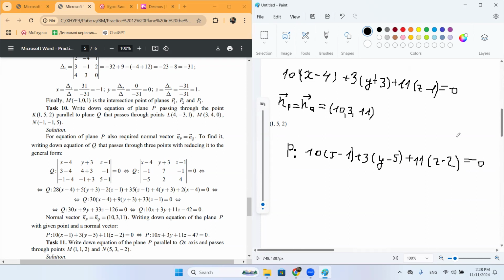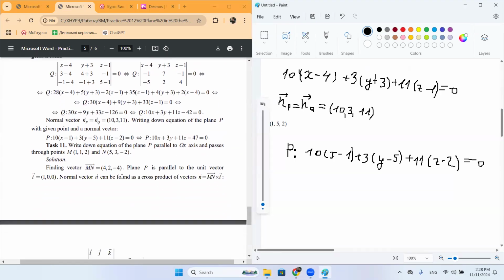So we found the equation of the plane P. Any questions about this task? Or no questions?